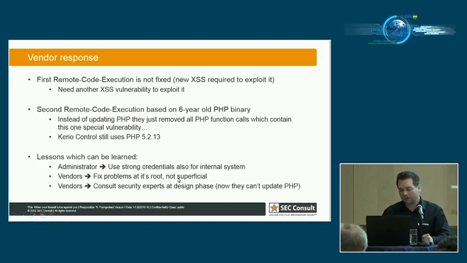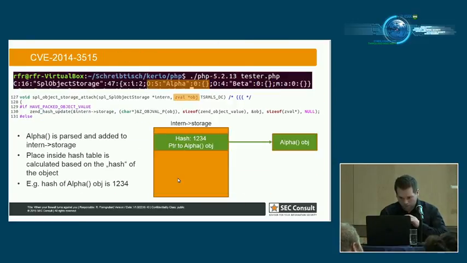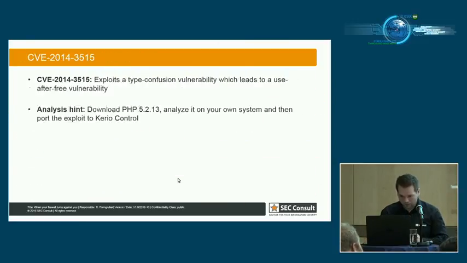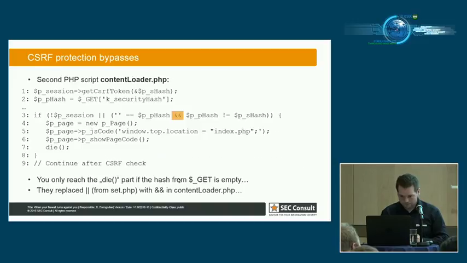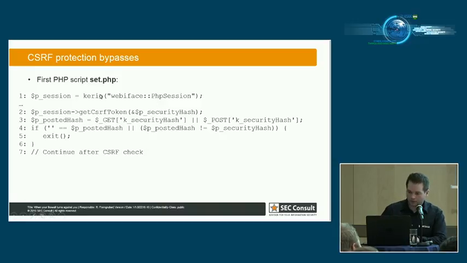you should consult security experts at the design phase, because then you can save a lot of money. So for example, if you go a little bit back to the cross-site scripting and cross-site request forgery, you see here what Carrier is doing: they extended PHP with their own C code and then use this inside their PHP scripts.